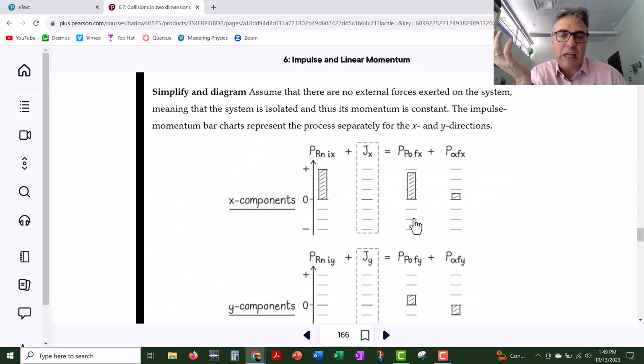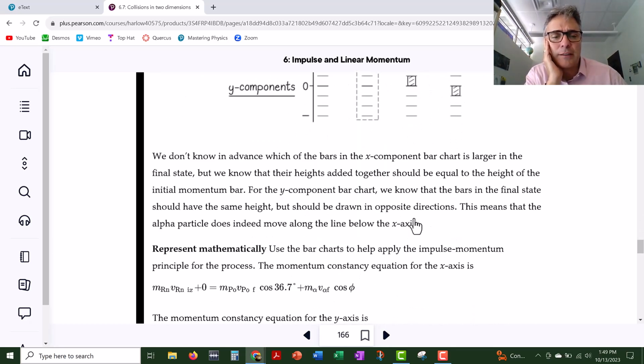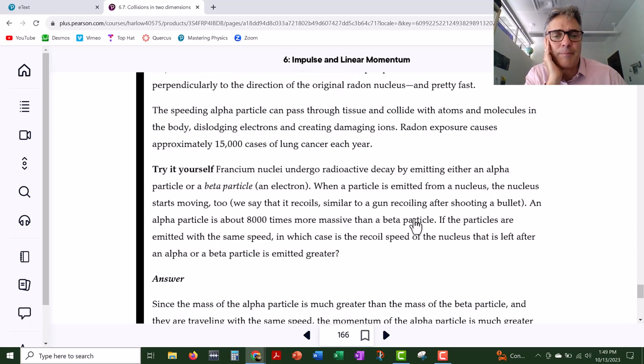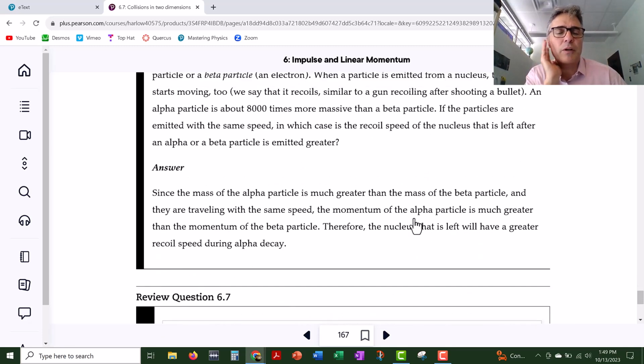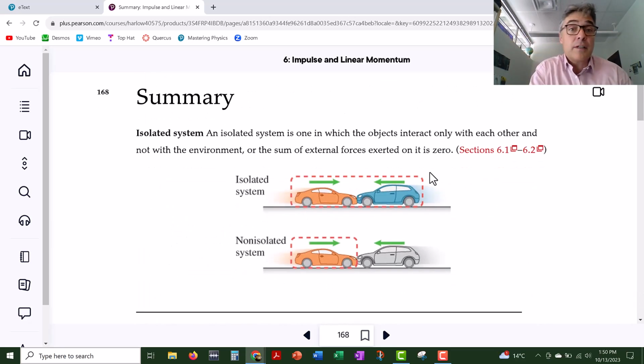The momentum there is conserved in that radioactive decay. That is often how a lot of these questions in Chapter 6 work. There's either a collision, a fast coming together of two objects, or there's an explosion, a fast separation of two objects. And that's it actually for Chapter 6.